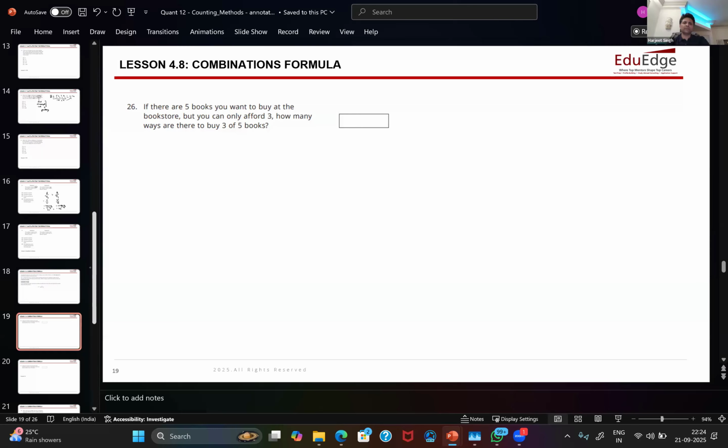So this is clearly a combinations problem. And this is easy. Out of 5, you want to buy 3. So 5C3. So this is 5 factorial divided by 3 factorial into 2 factorial. Numerator is 5 into 4 into 3 factorial. Denominator is having 3 factorial, that gets cancelled. Answer is 10.